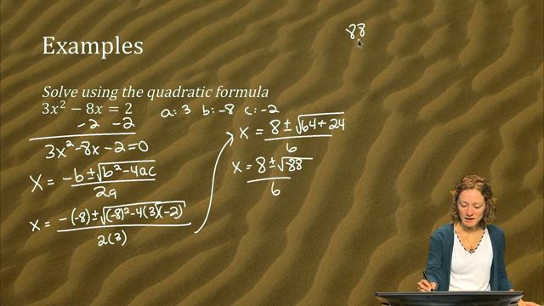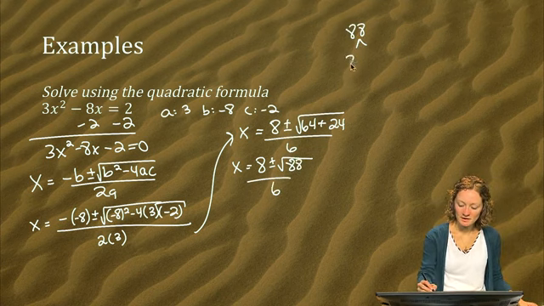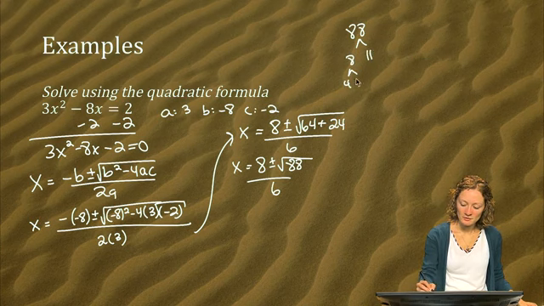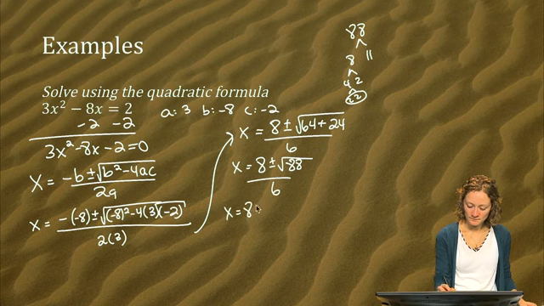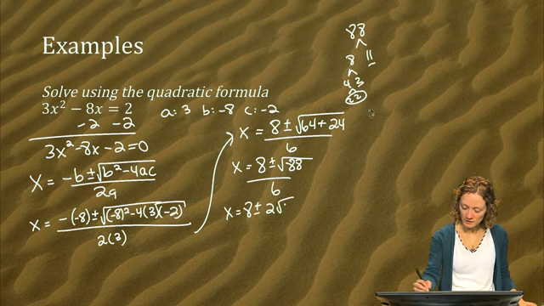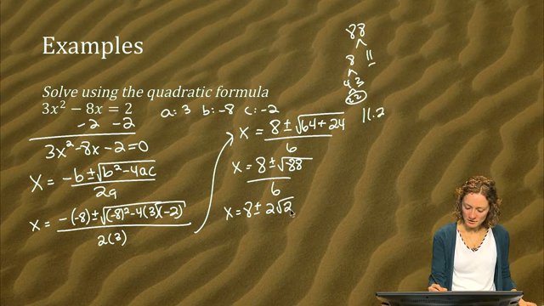Let's see if there's any pairs in 88 that we can simplify. 8 times 11, 4 times 2, 2 times 2. Looks like a 2 comes out, and we're left with a 22.